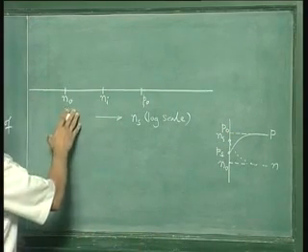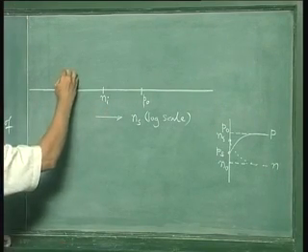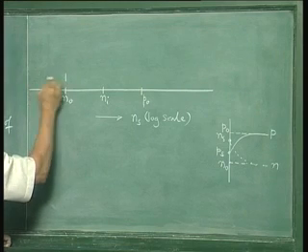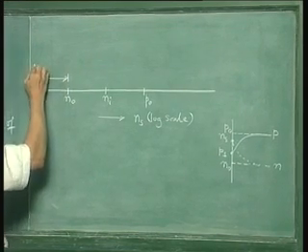We can identify the regimes of operation in terms of these concentrations. When your N is less than N naught, that is this regime, you have accumulation.